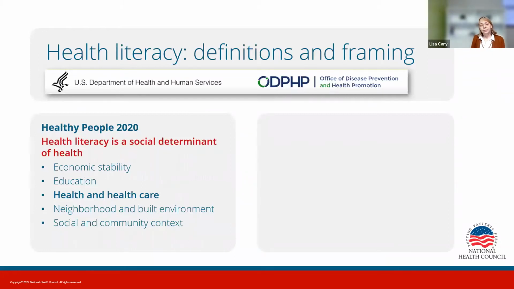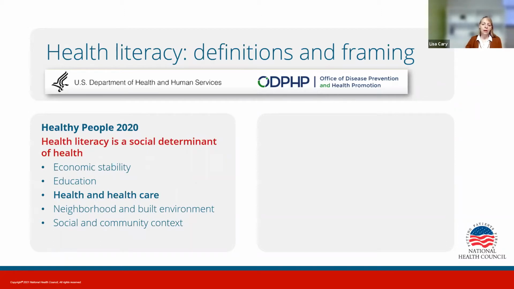Okay, so first let's talk about health literacy. Many of you may know what it is already. There are actually many different definitions of health literacy, but we look at one that the U.S. Department of Health and Human Services created, here on the left, as part of its Healthy People 2020 initiative. This definition emphasizes an individual's social determinants of health as being crucial to their health literacy.